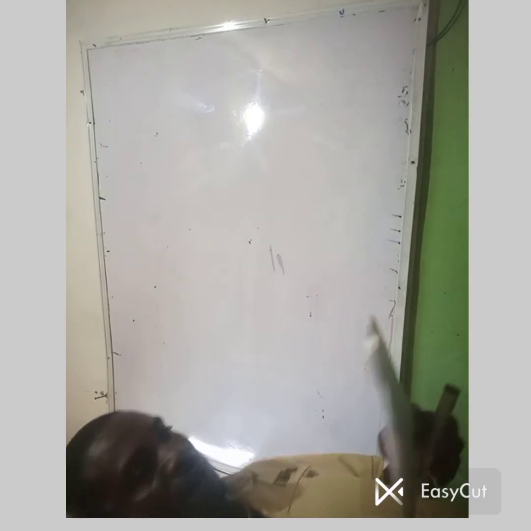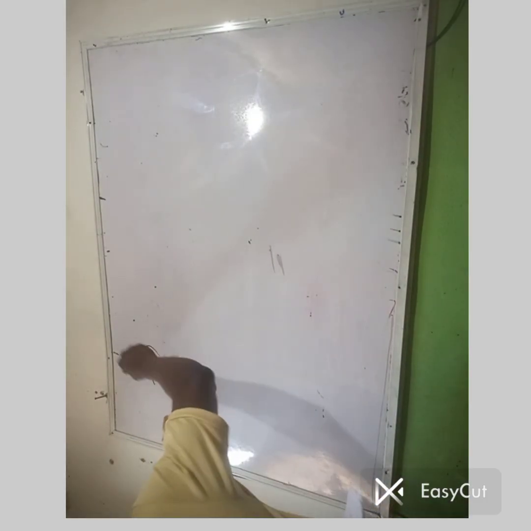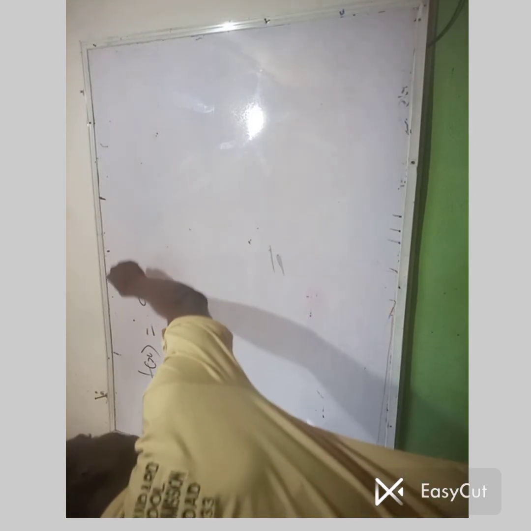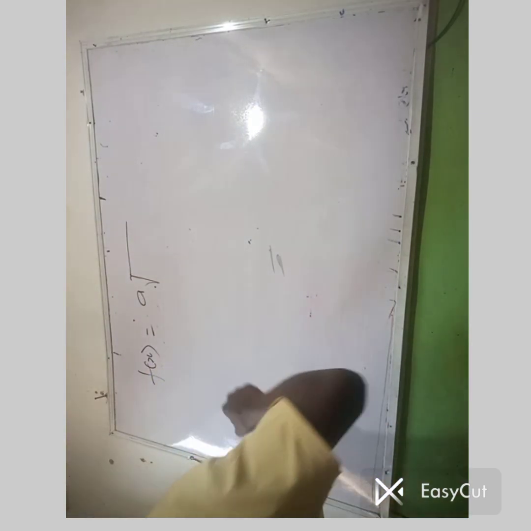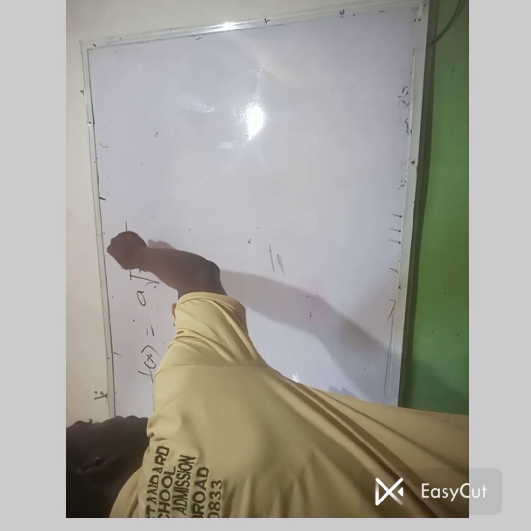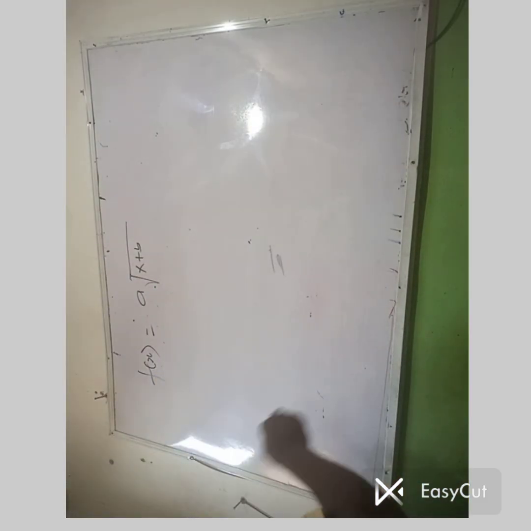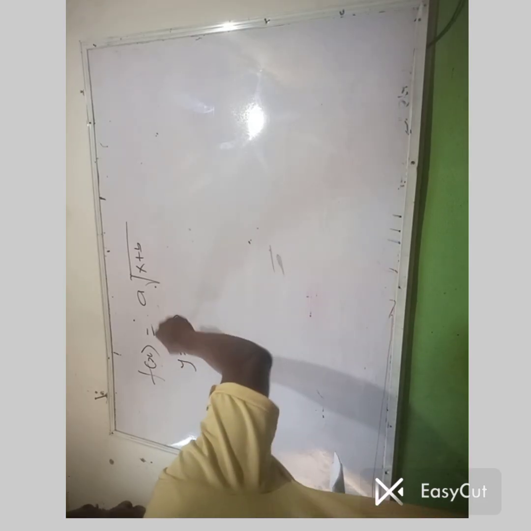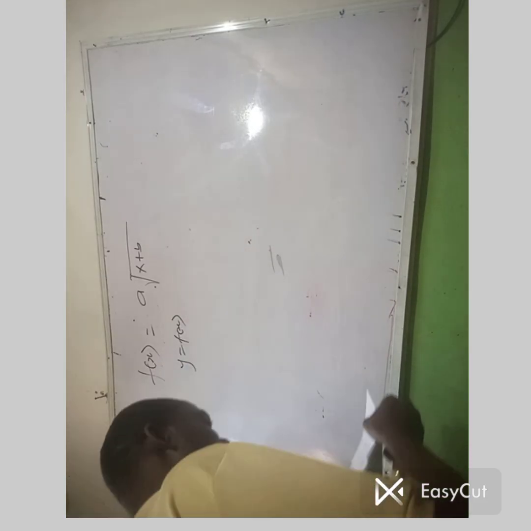Number 6 now. We have f of x. You can see today we are dealing with functions because we are on advanced. A square root of x plus b, and y is the same thing as f of x. This is coordinate geometry.